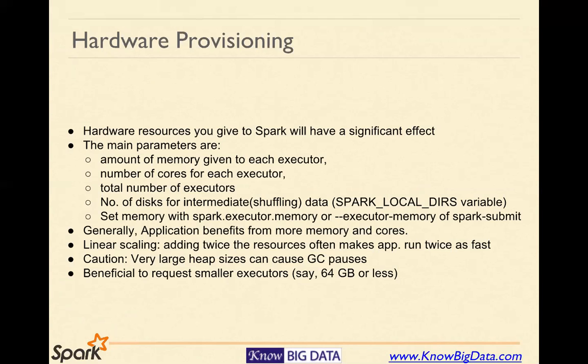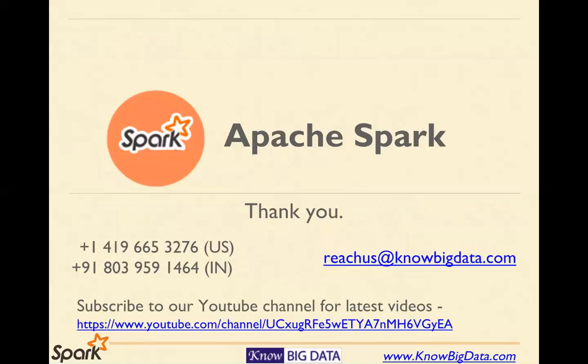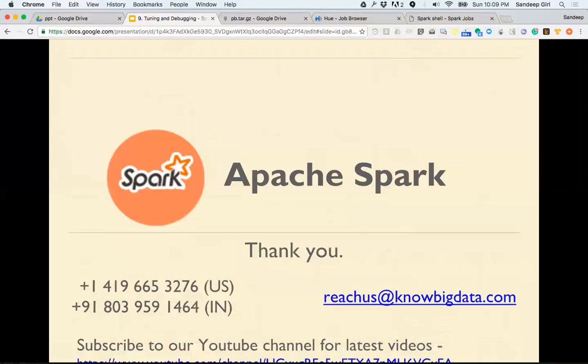But remember, in case of the Java virtual machine, if you have too much memory, say 200 gigabytes or more, there will be more memory to clear up for the JVM, and therefore there could be garbage collection pauses. So it makes sense to have 60 GB or less of memory per executor. Right, so that was about a little optimization.